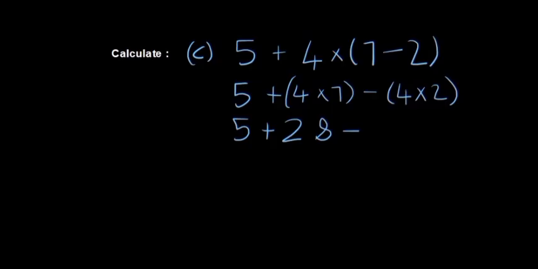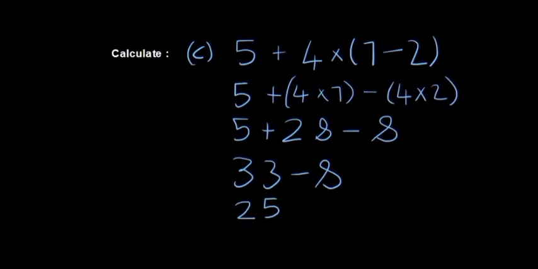Then we're gonna multiply the 4 by 2 to get 8. And now we have to apply the correct order of operations. So first, we're going to add the 5 to the 28 to get 33. And then we're going to subtract the 8 from the 33 to get 25. So this is the final answer.